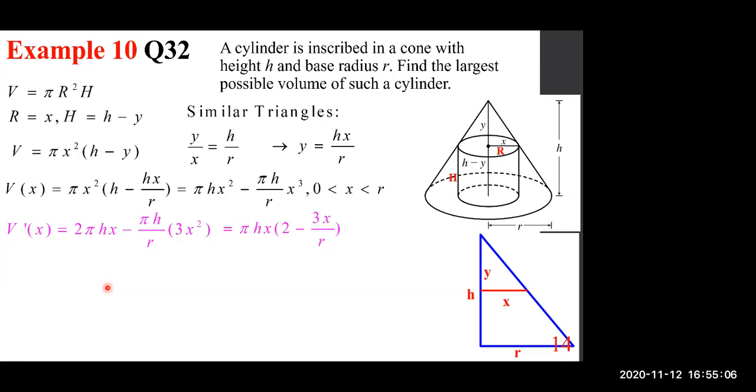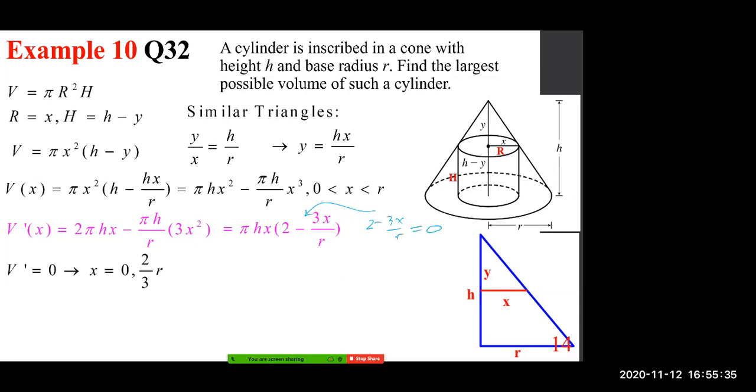Well, when we set this equal to 0, what happens? Either x is 0 or the parenthesis is 0. x can't be 0, that's out. If you set the other factor equal to 0, 2 minus 3x over r equals 0, it gives you x equals 2/3 r.